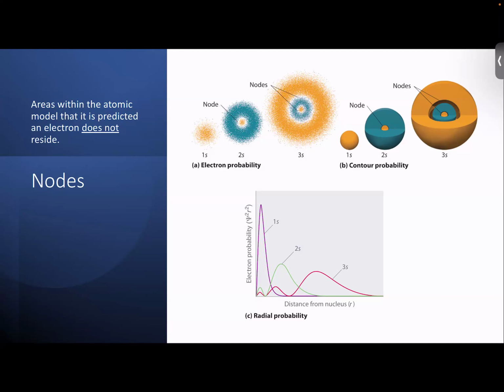Again, that is where an electron does not exist according to the electron density map that is generated from the Schrodinger equation. Now, this is just simply another way to look at that. And again, there's going to be gaps in between the 1s and the 2s, and there's going to be a gap between the 2s and the 3s. It's just another way to look at it.